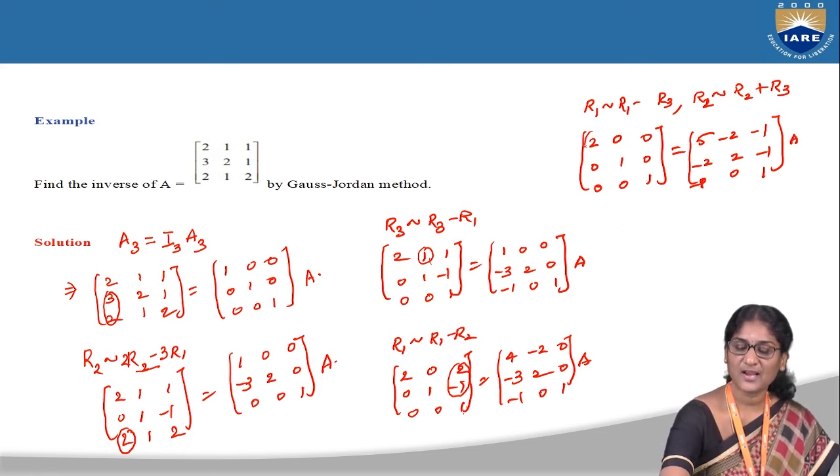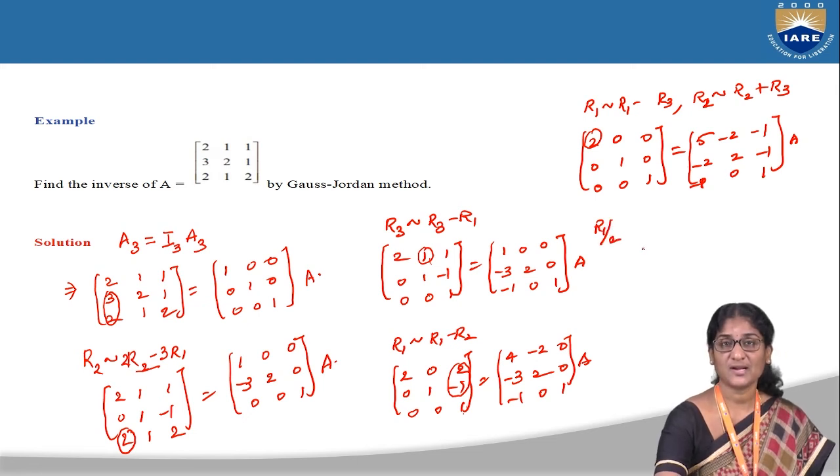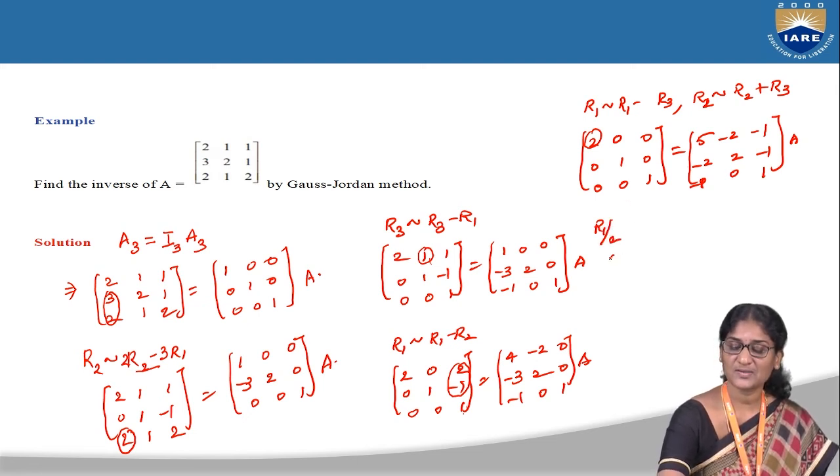Now, if I divide R1 by 2, then my matrix is ready, the inverse matrix. I'll get an identity matrix. So R1 is reduced to R1 by 2.